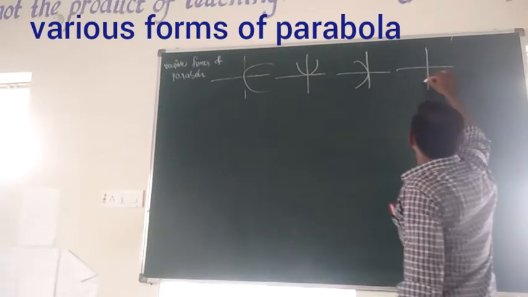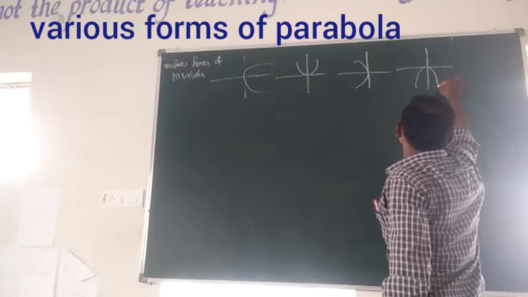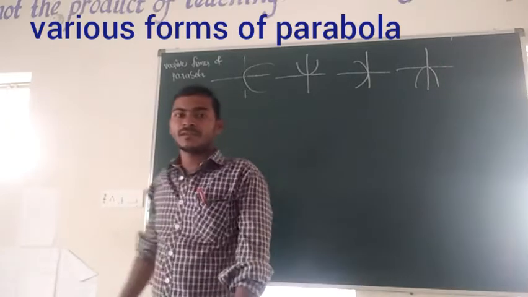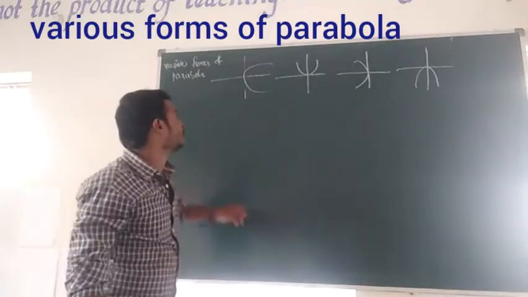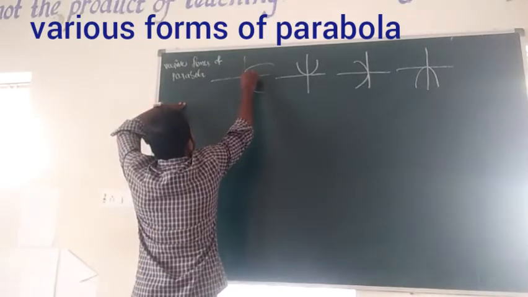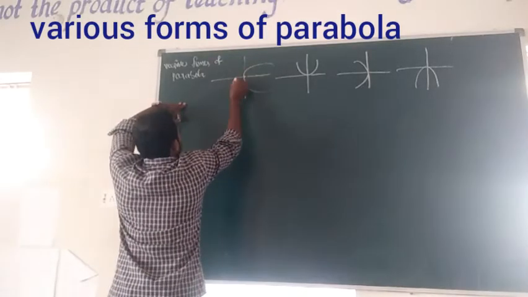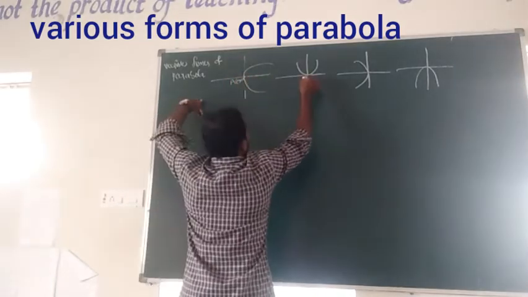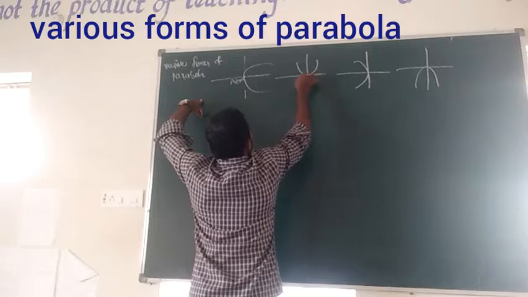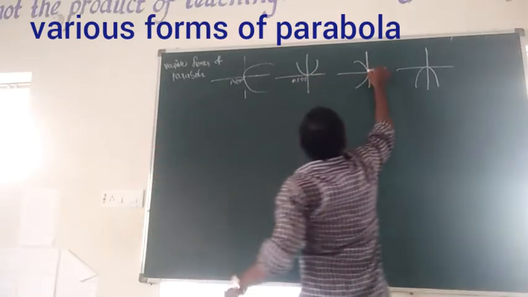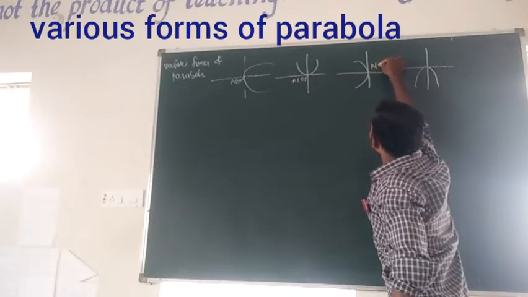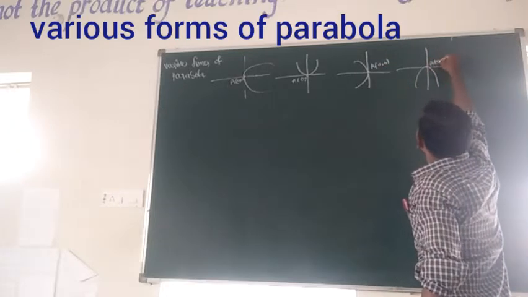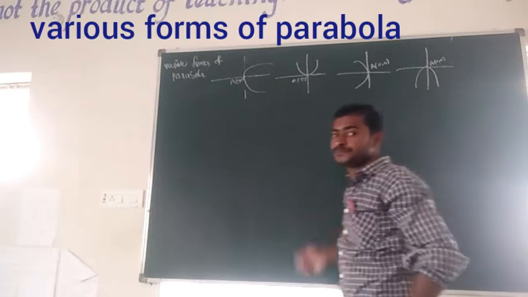Here every point is the same: a comma 0, that is a, 0, and here also a, 0, and here also a, 0.